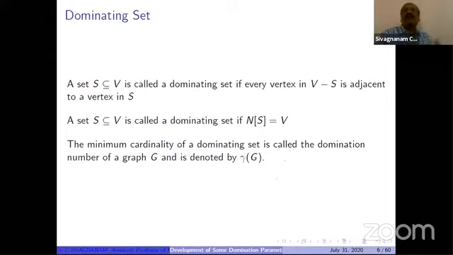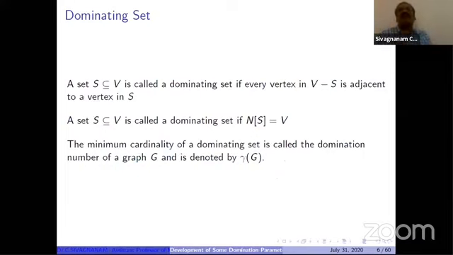What is the dominating set? A dominating set is a subset of the vertex set V. So it is a vertex set basically, a set of some vertices. I denote this by capital S. So a set S, which is a subset of the vertex set V of some graph. When we say that this vertex set S is a dominating set, we can find the complement of the vertex set S. What is the complement?